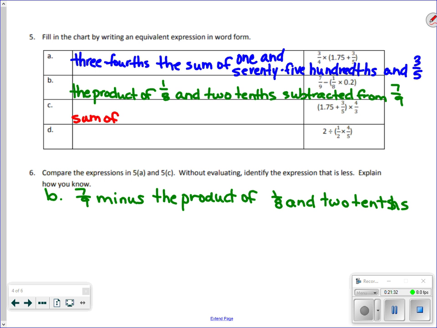What? The sum of what? Sum of 1 and 75/100.